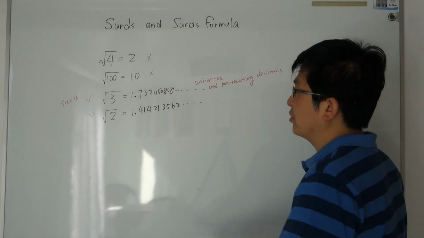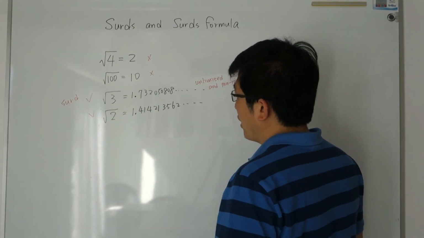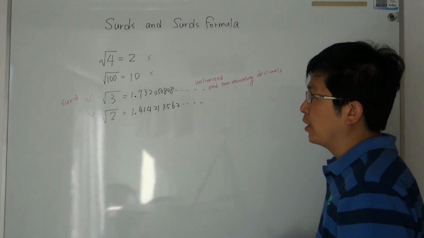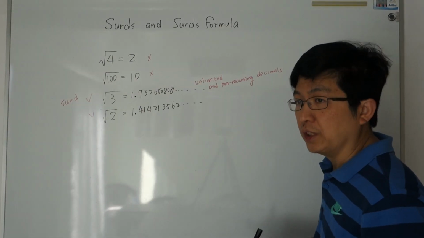Just remember, when you take the square root and you get an answer that is an unlimited, non-recurring decimal, we call this surds.